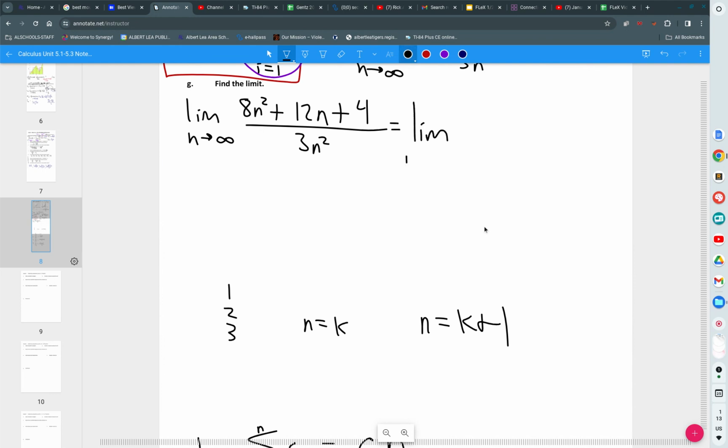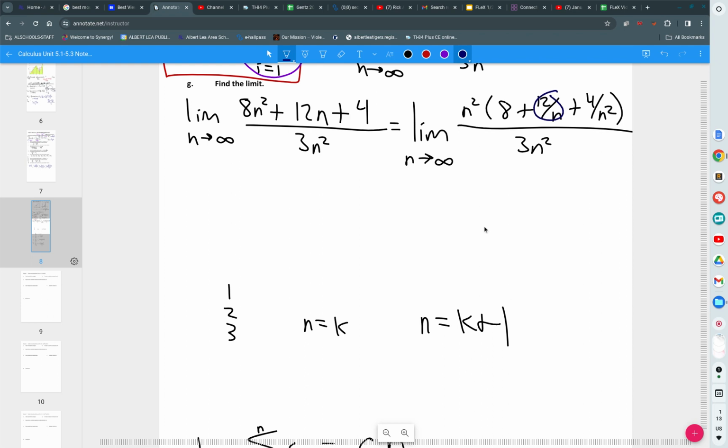I have the limit as n goes to infinity of, I have an n squared times 8 plus 12 over n plus 4 over n squared, and that all sits over that 3n squared. So I want you to write it out because you want to appreciate the limit as it goes to infinity. What happens?